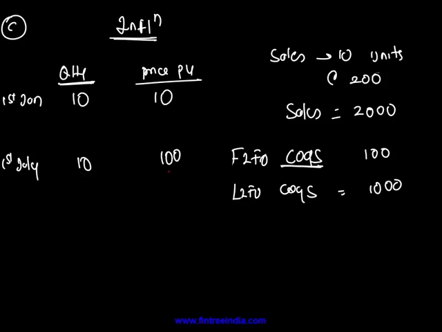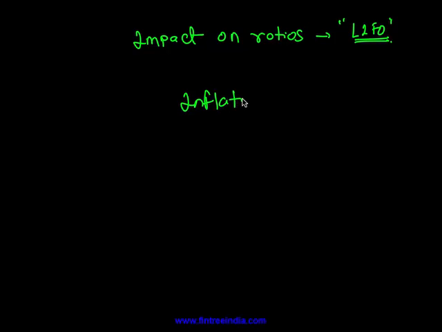So let's build a summary table on impact of ratios. So heading you can give for this table: impact on ratios, and we are going to do this for LIFO. So here my assumption is inflationary environment.